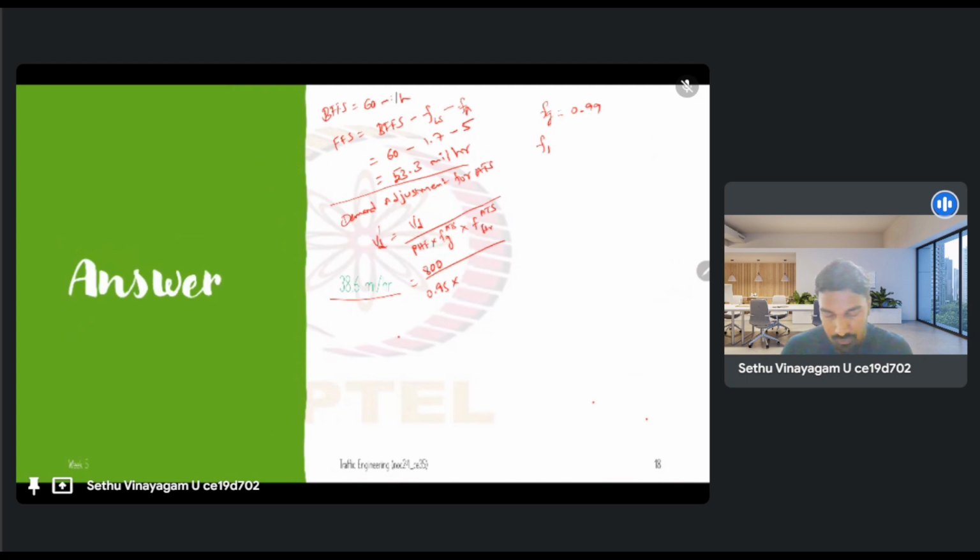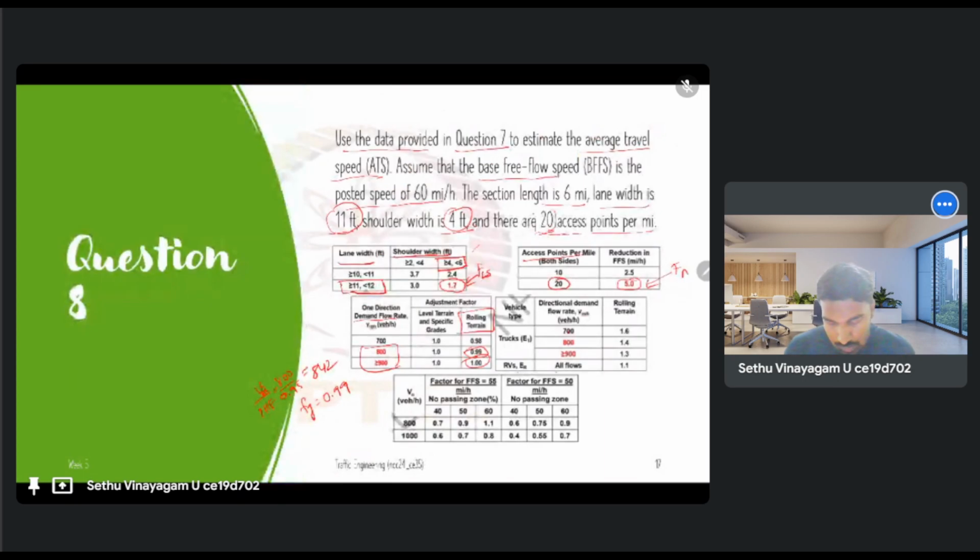But for FHV, what was FHV? It is 1 by 1 plus PT into ET minus 1 plus PR into ER minus 1. So we need to find the ET and ER values. The ET value is different from the PTSF values. Here, for the directional demand rate, for rolling terrain, it will be between 1.4 and 1.3, so again we need to interpolate.